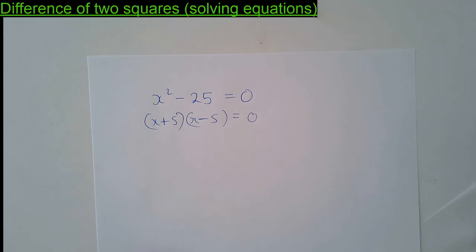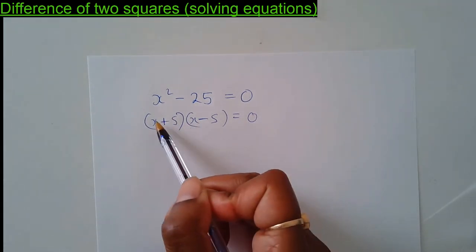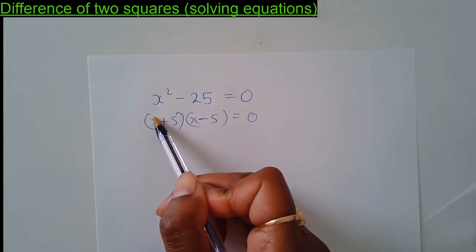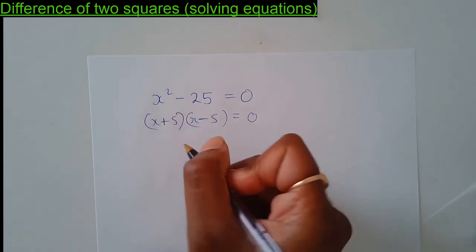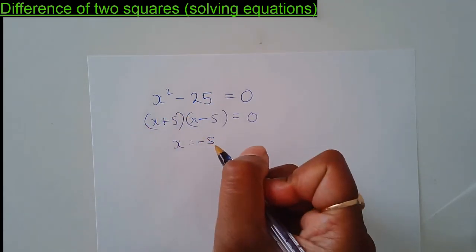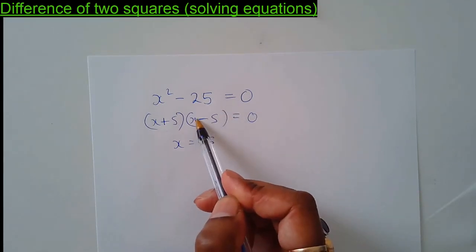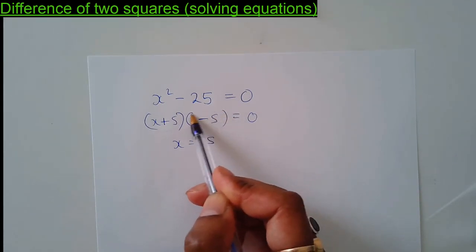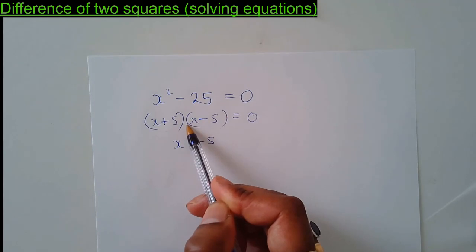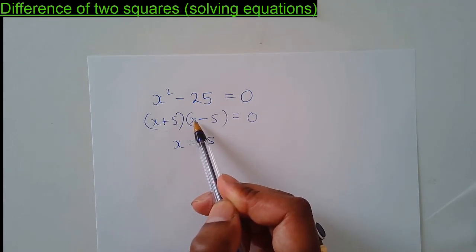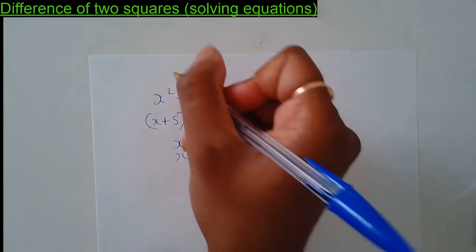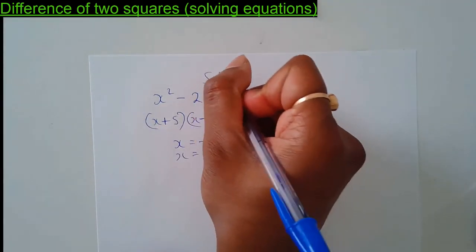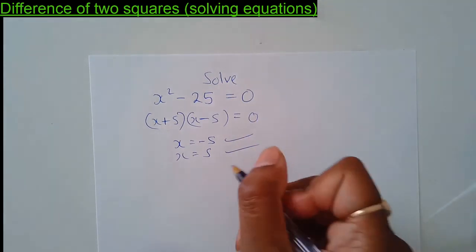Now ask yourself the question, what value of x can I put in here to make all of that 0? x has to be minus 5. Same on this side. What value of x can I put in here to make all of that 0? It's going to be positive 5, because 5 take away 5 is 0. So what I've done now, I've just solved this. Solved.